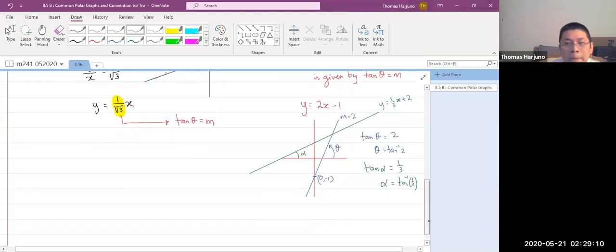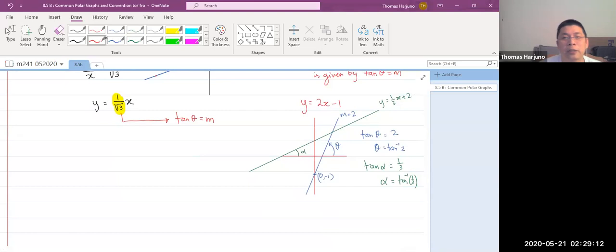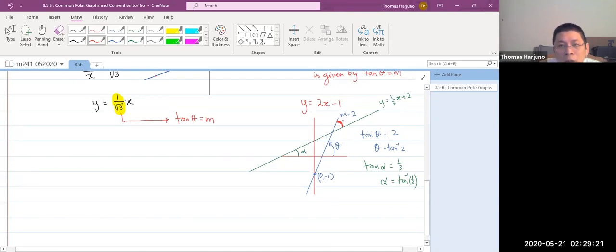Then a crazy person comes and says, can you find the angle there? Let's call that angle beta. Notice that angle beta is actually theta minus alpha.